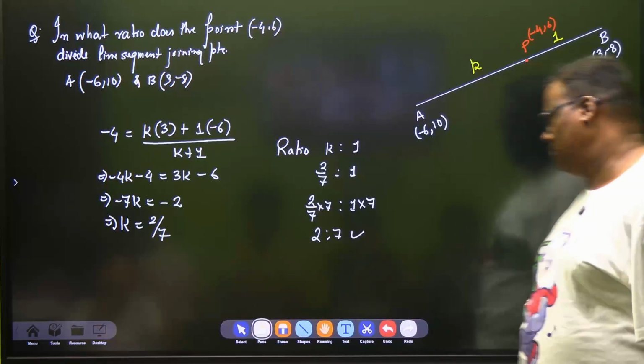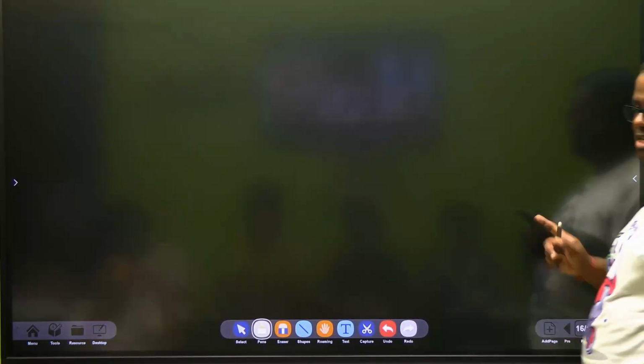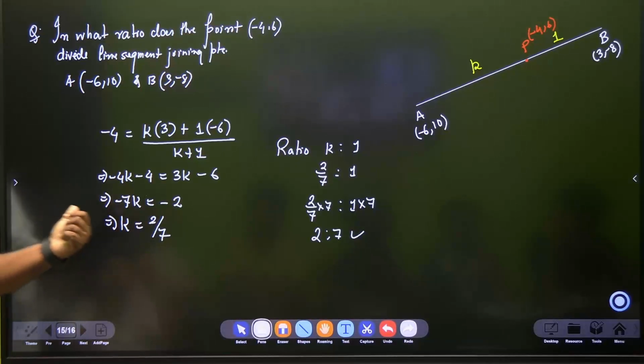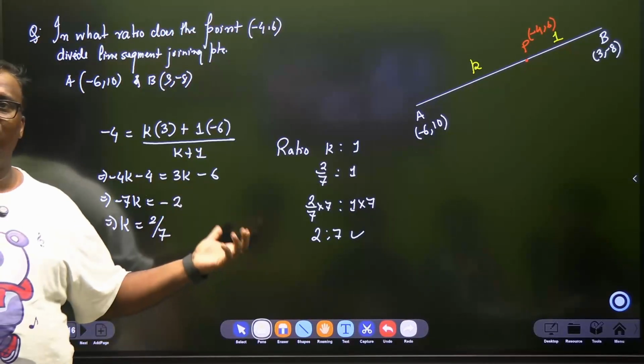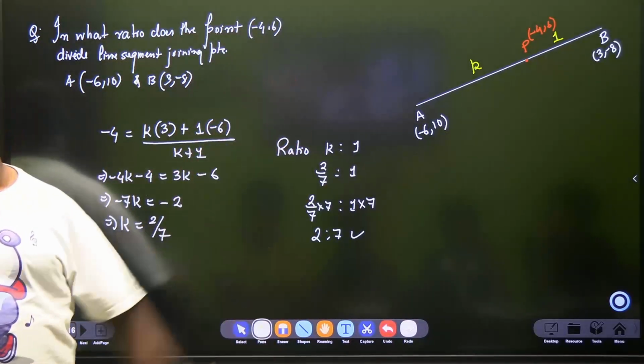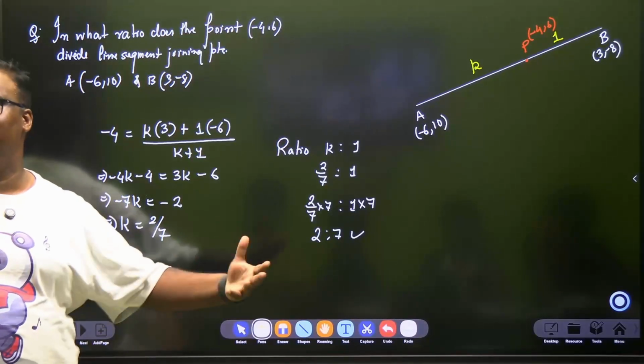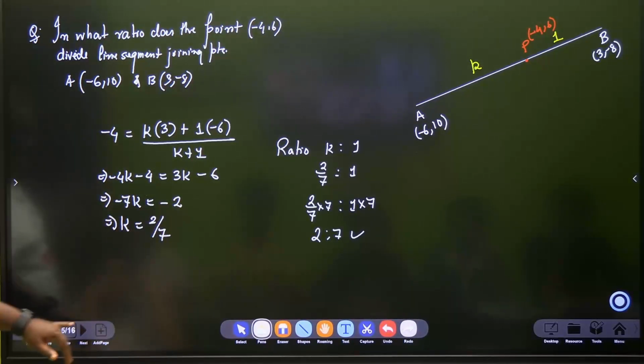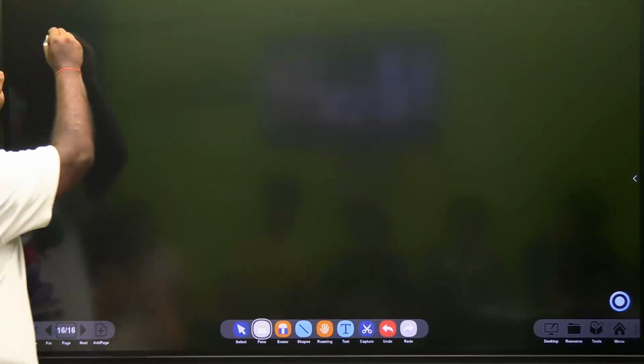Understood? Okay. Some more concepts that you will need in this chapter. Does anyone have any doubt in what I explained? Did you understand what I wanted to say? Don't do m:n, it will take more time because you are opening two unknowns. Okay, next, have you heard about something called median?